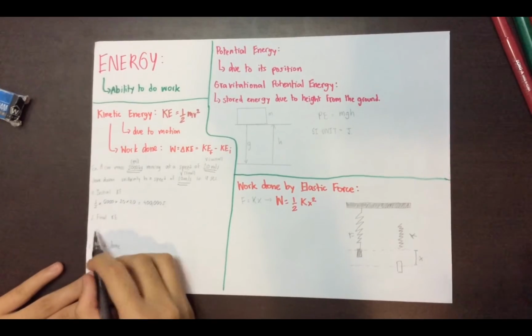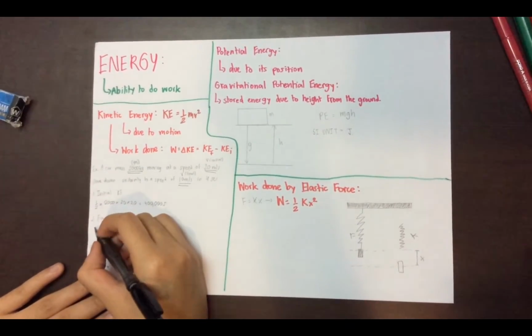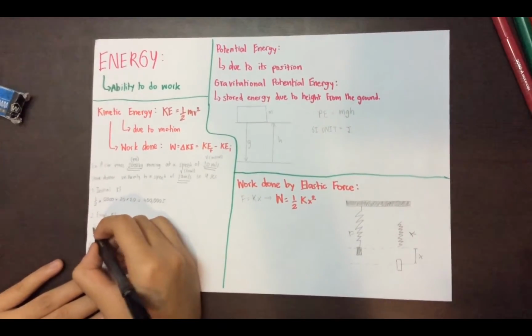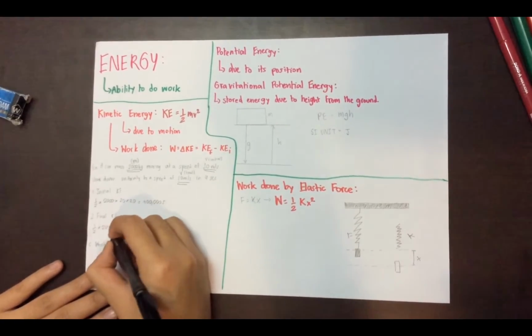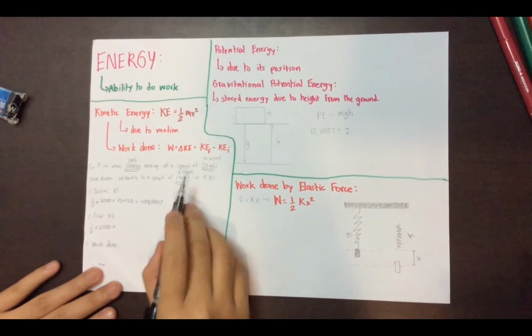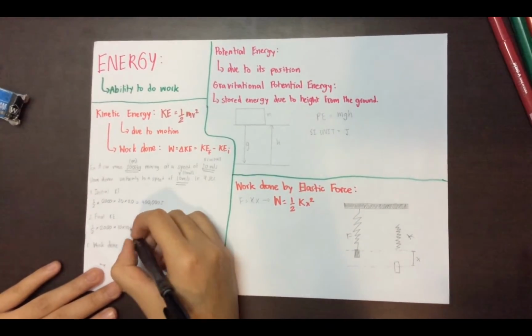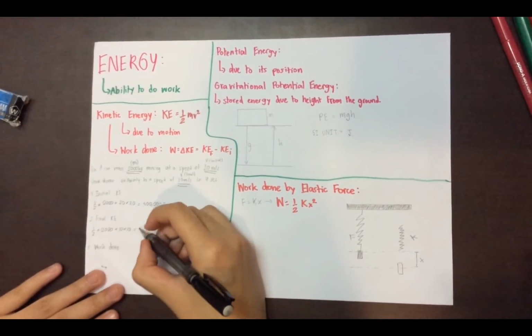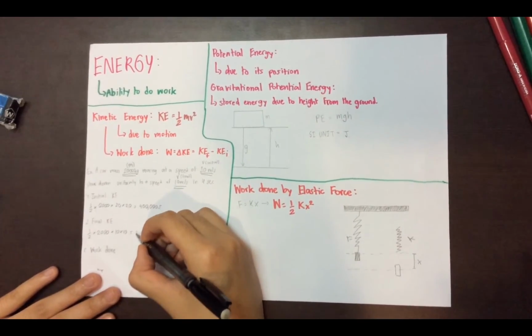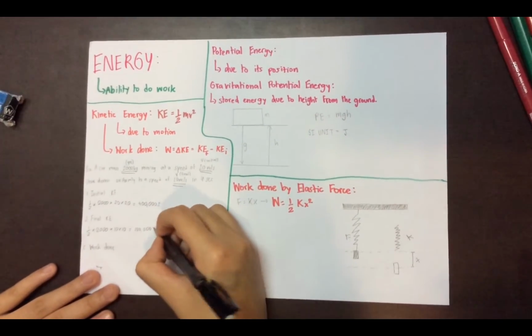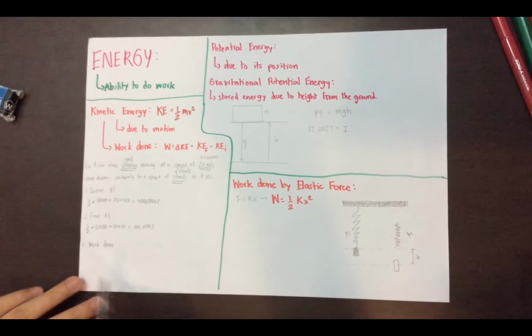And then the final KE. We use the same formula, 1/2 times 2,000, but the final v is 10. So we get the final KE. And we need to find the work done.